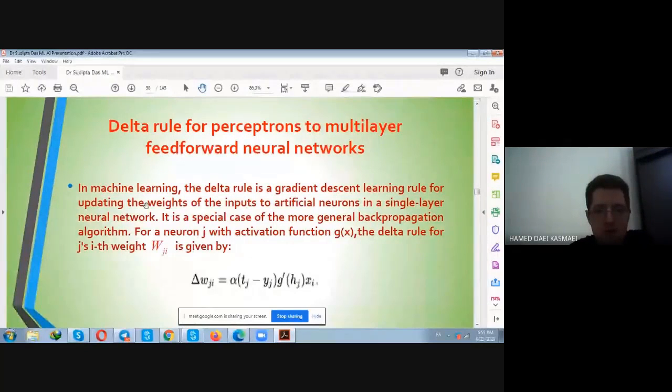The delta rule is a gradient descent linear algorithm for updating the weights of the inputs to artificial neurons in a single-layer neural network. It is a special case of the more general backpropagation algorithm.